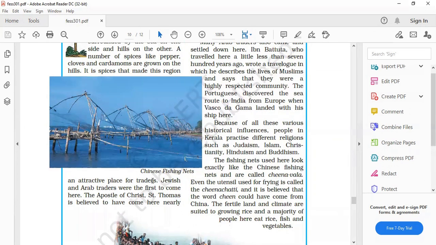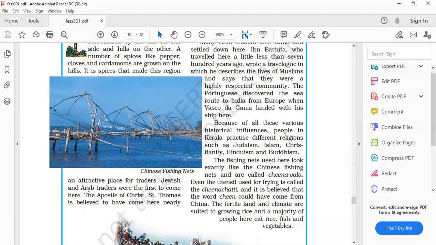So this is your answer again. Kerala attracted Arab traders and Jewish traders because of its location. In ancient times the only way to communicate was the sea. So Kerala was a very good location for trading.